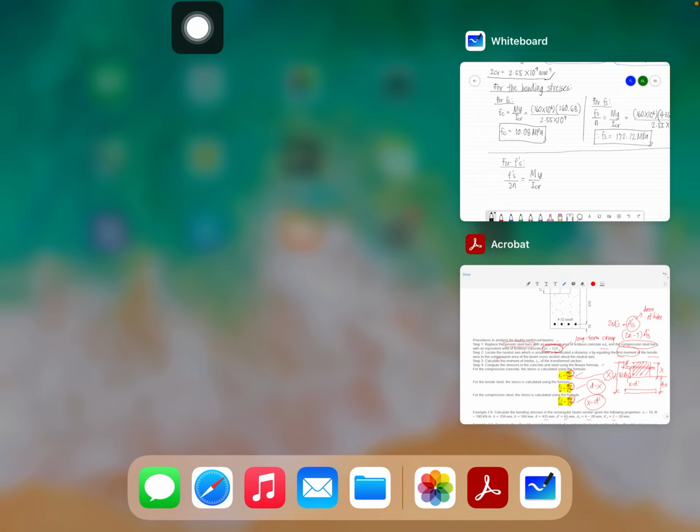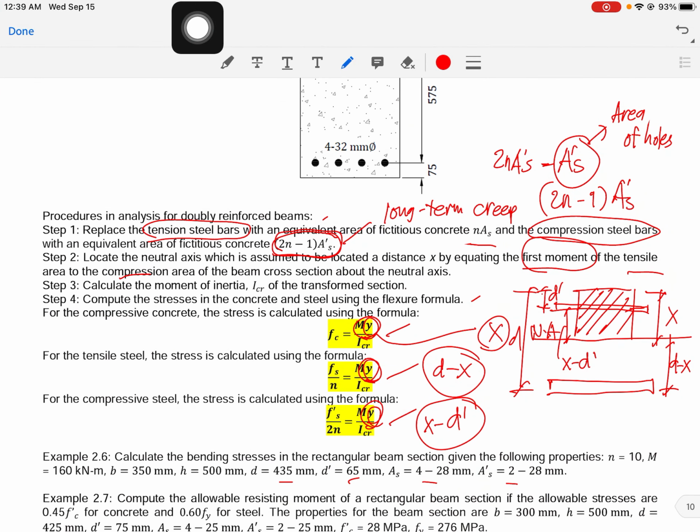Let us verify from the handout. So 2n is the only varying variable there for tensile and compressive steel.